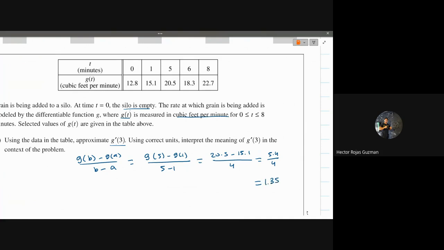Now it says we have to use the correct units here. Because g of t is already cubic feet per minute, this is going to be cubic feet per minute squared.